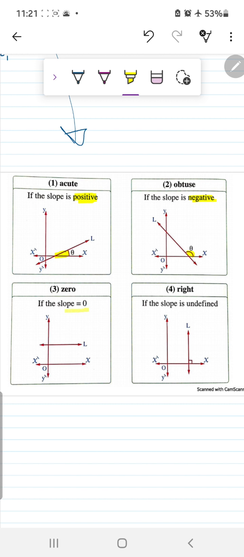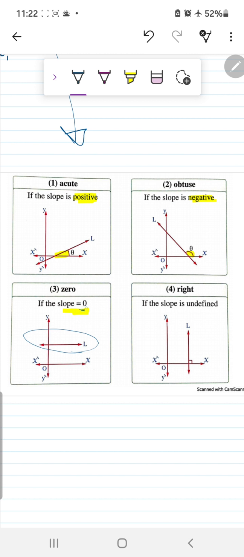And if the slope equals 0, the straight line will be parallel to the x-axis. Why? Because the value of y will be constant. So as we said, to get the slope we take the difference of the y coordinates, y minus y, and we have the same y, so it will be 0.